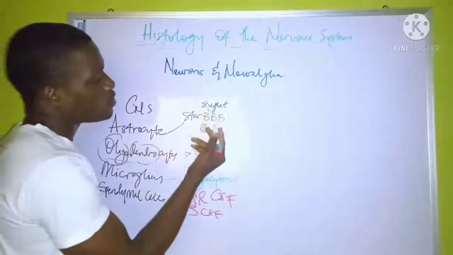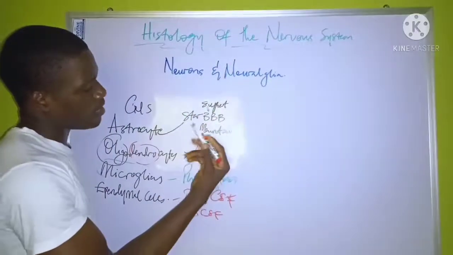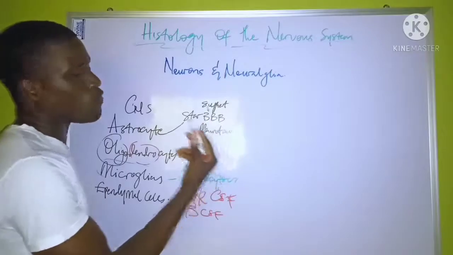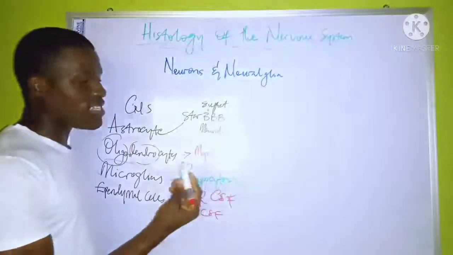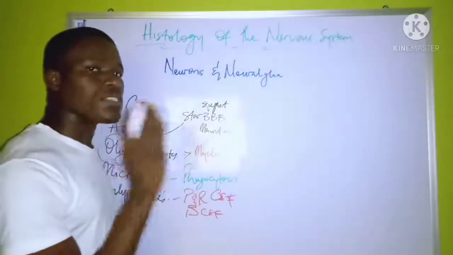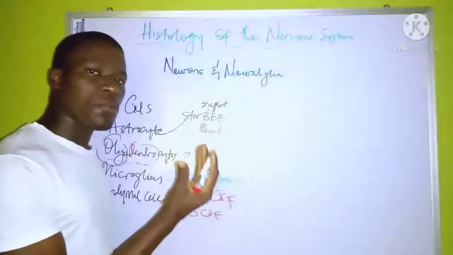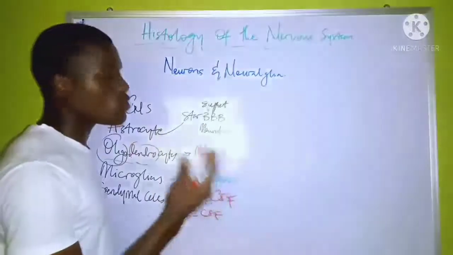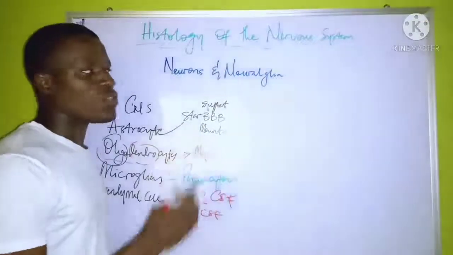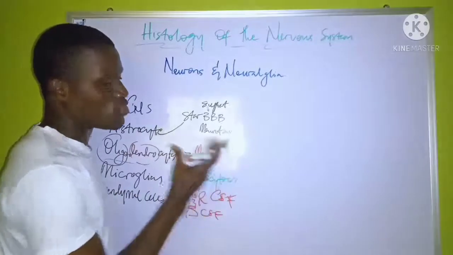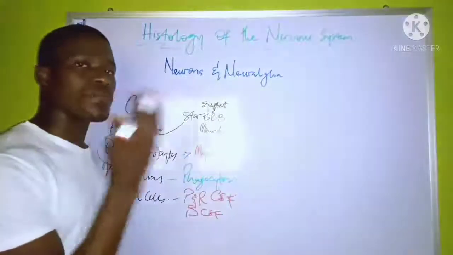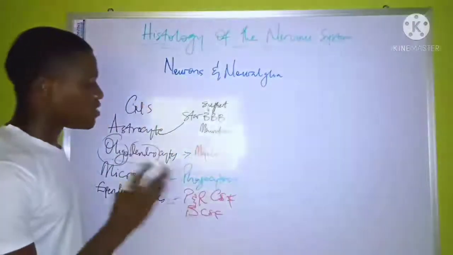Remember, the functions of the neuroglia of the CNS, that is the central nervous system, is, one, to support neurons, formation of the blood-brain barrier, maintenance of a suitable environment for nerve impulse transmission, and lastly, in infants, it secretes chemicals that help in the growth, migration, and interconnection of neurons. The oligodendrocyte functions in myelination, which means the production of myelin sheath.